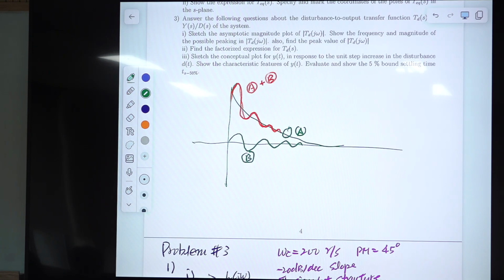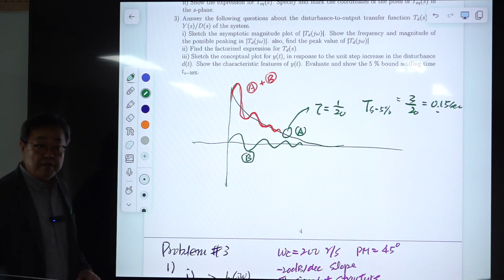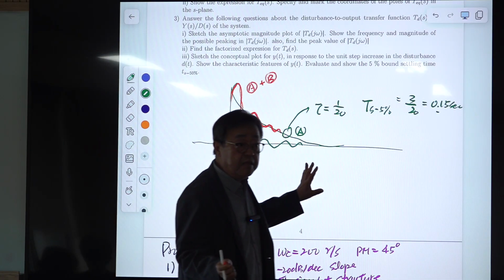So the time constant tau is still 1/20. So TS 5% is still 3 times this one, which is 0.15 sec. Okay? You understand this, right?